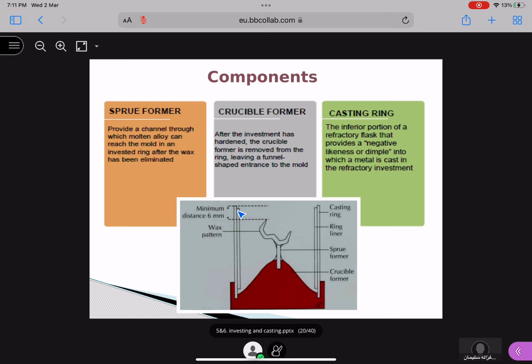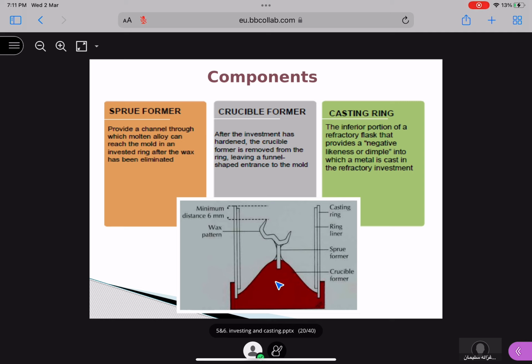If you see here, the first ring is the casting ring. Definitely it is in metal form. The first layer you can see is the casting ring. And this is the crucible former, which comes like a lid which has to close one end.